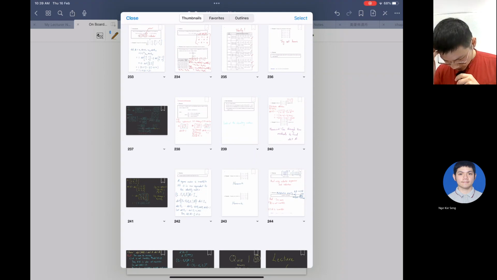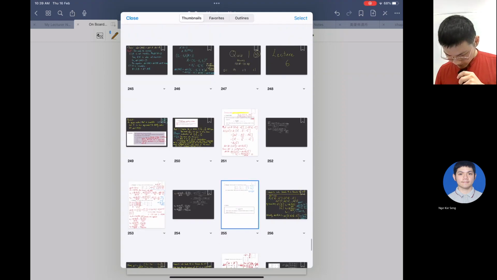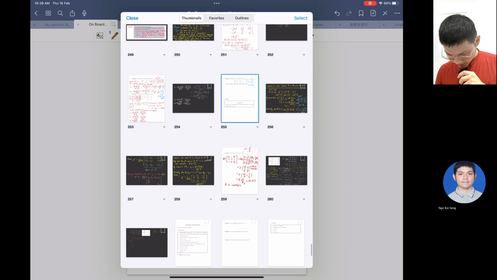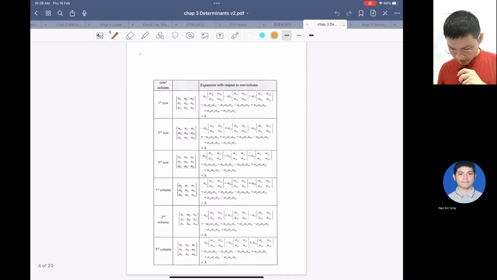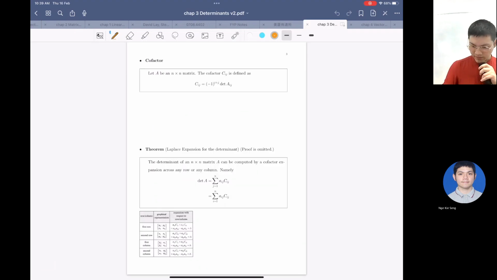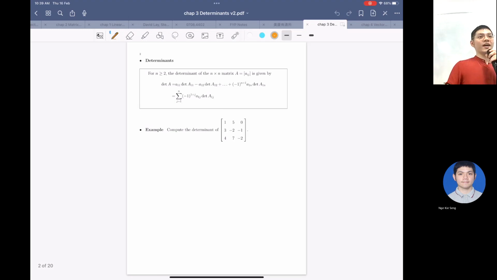Here we mentioned about it, right? So this is the one. Okay, let me go to chapter 3. So cofactor. Oh, cofactor is without the A_ij. Yeah. Okay, good. Okay, good point.